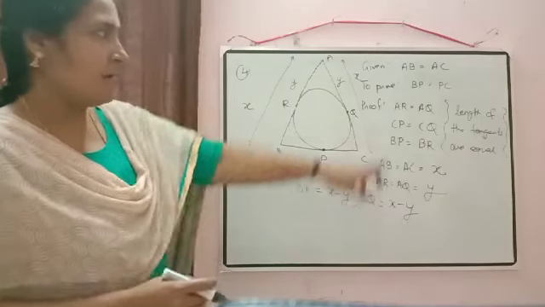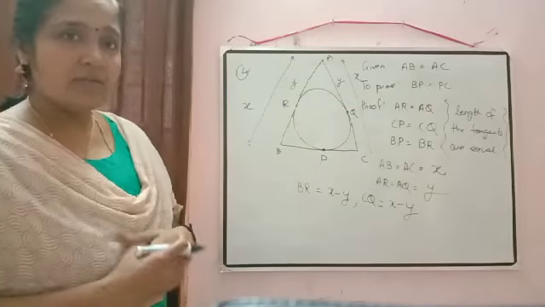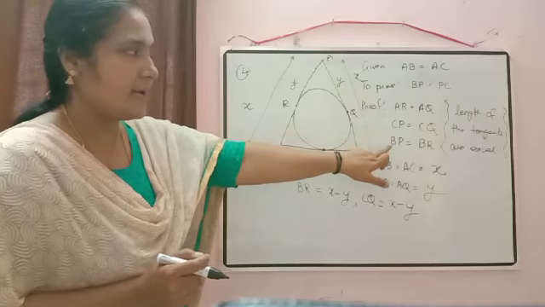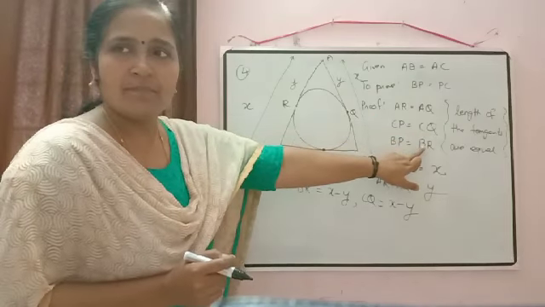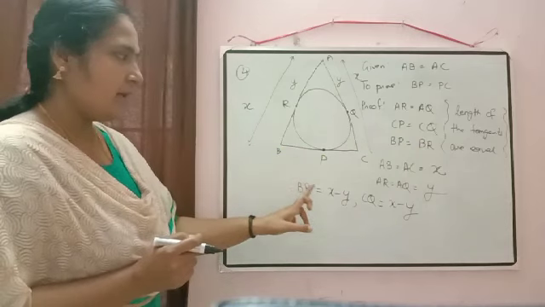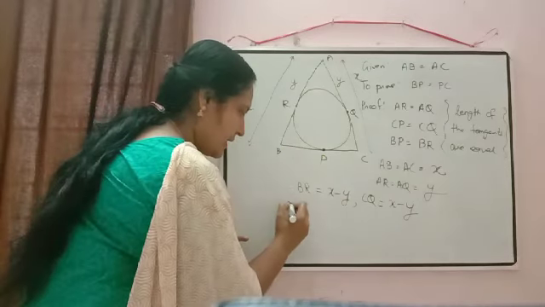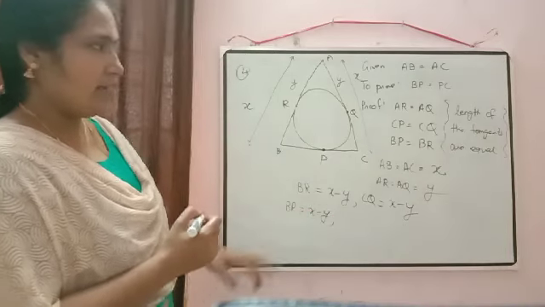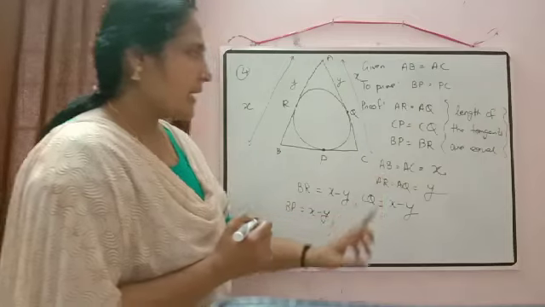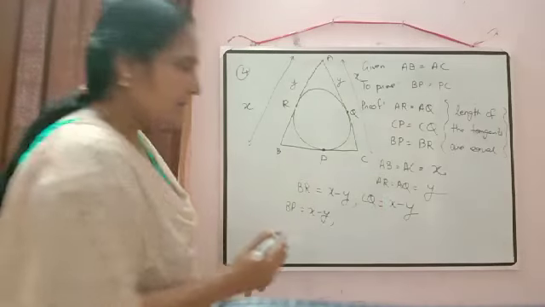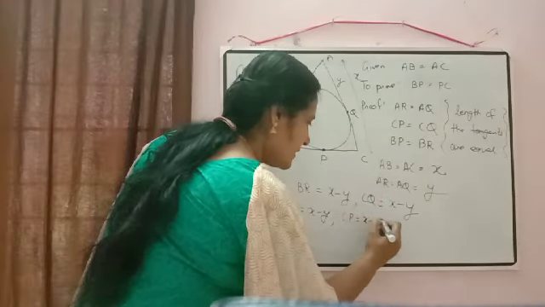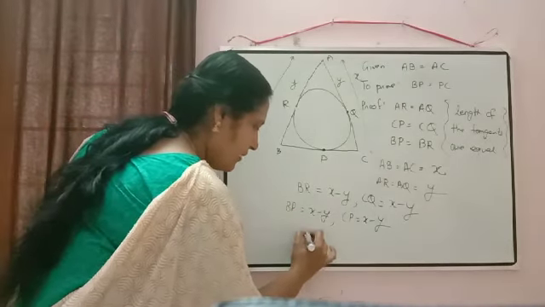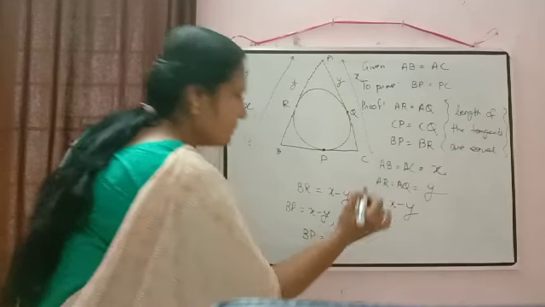What we want? We want BP and PC. So how we will write that one? Yes, for that, check the condition there. BP is equal to BR. So if we wrote BR is equal to X minus Y, we can write BP also is equal to X minus Y. And if CQ is equal to X minus Y, then CP also will be equal to X minus Y. So we got both are equal in length. Therefore, BP is equal to CP.